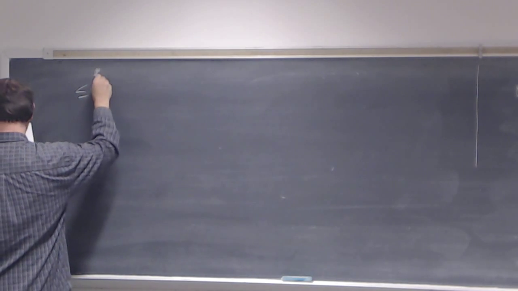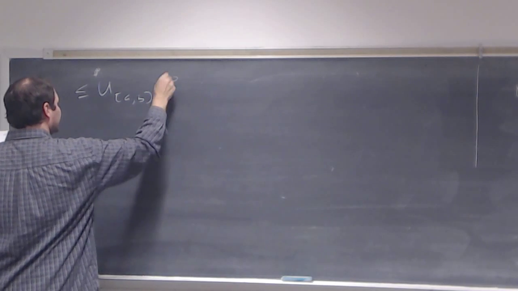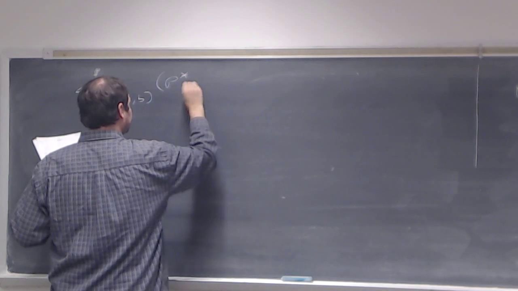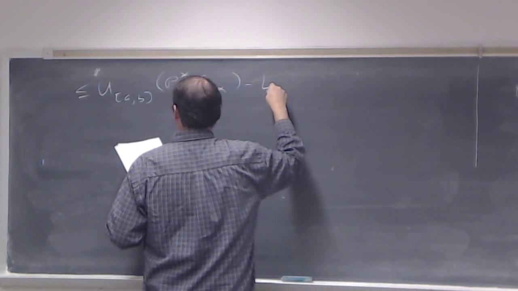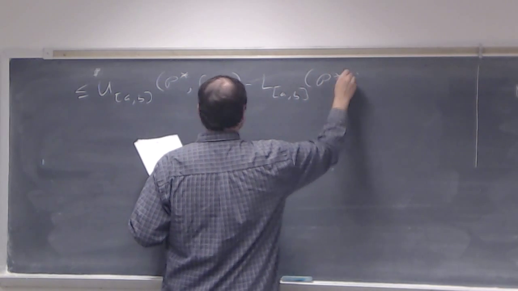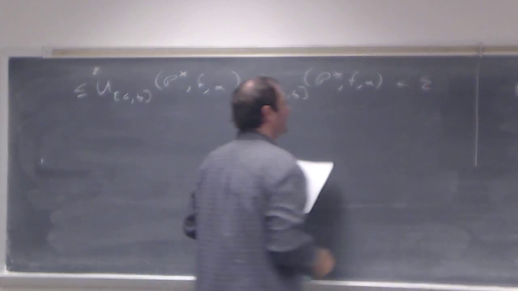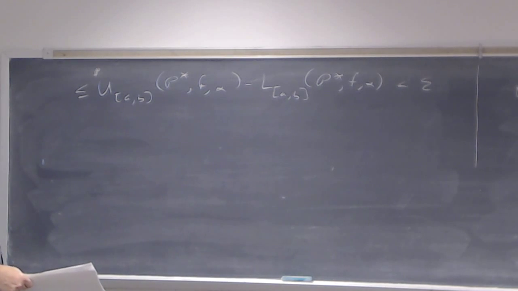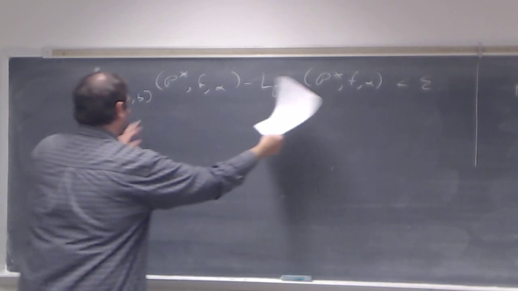I'll say less than or equal to the upper sum over A to B of P star, so that's the partition over A to B, F and alpha, minus the lower sum from A to B with this partition, F and alpha. And we know that to be less than epsilon because F itself was Riemann-Stieltjes integrable with respect to alpha over A to B. So that's how we came up with this partition.